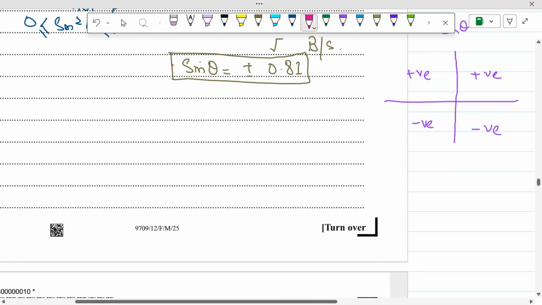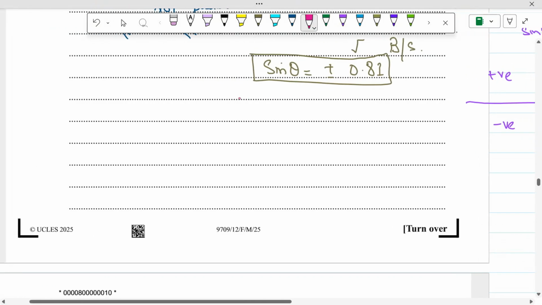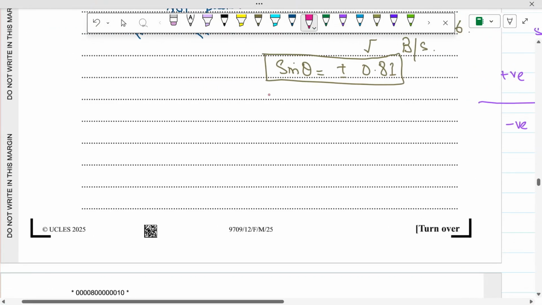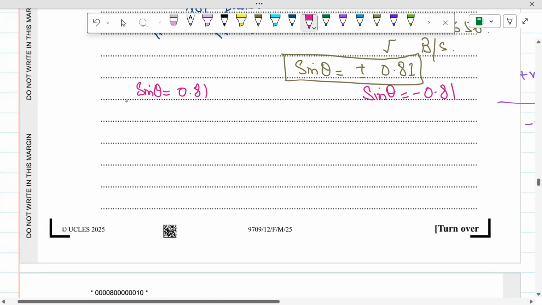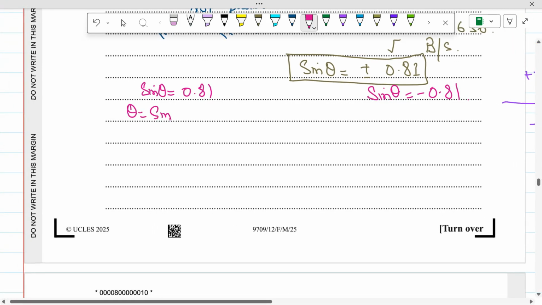First we find the base angle. The base angle can be found out when sine of theta is equal to 0.81. On the other side sine of theta is equal to negative 0.81. So theta is equal to sine inverse of 0.81, which is equal to 54.1.